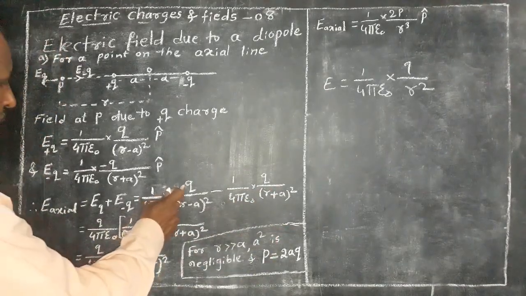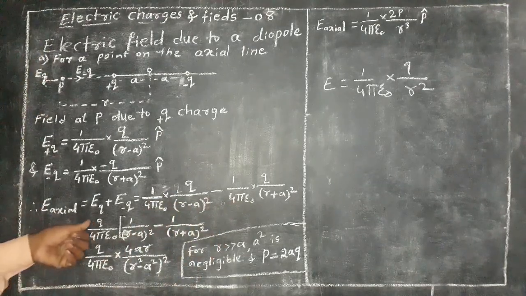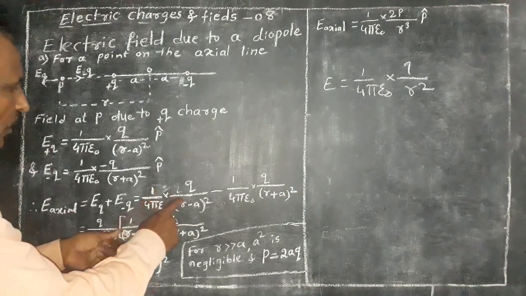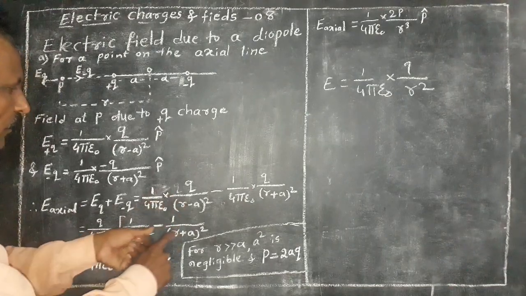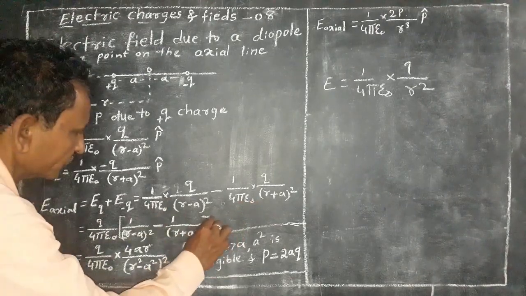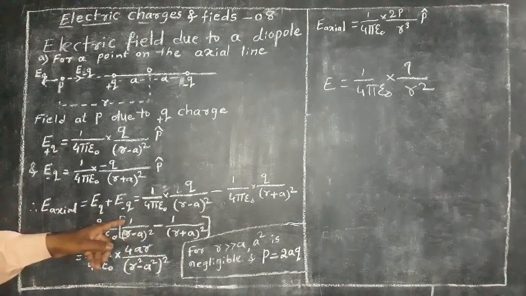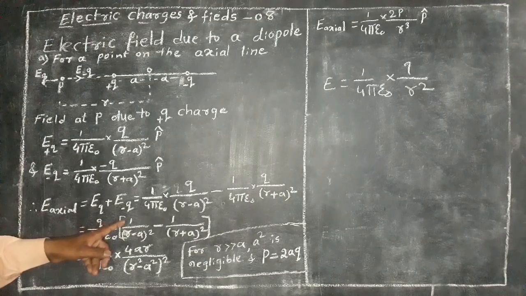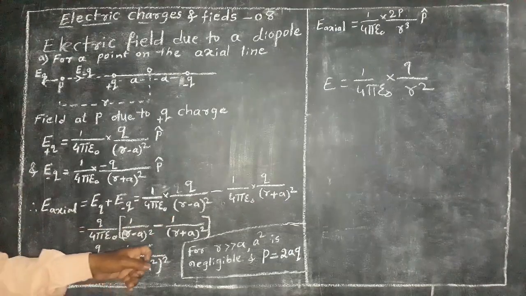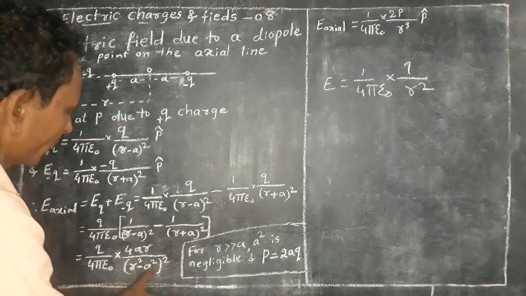Here Q and 4 pi epsilon naught are common, therefore E axial equal to Q upon 4 pi epsilon naught in the bracket 1 upon R minus A whole square minus 1 upon R plus A whole square. Now cross multiplying, that is R plus A whole square minus R minus A whole square, solving we get 4AR divided by R minus A whole square into R plus A whole square.